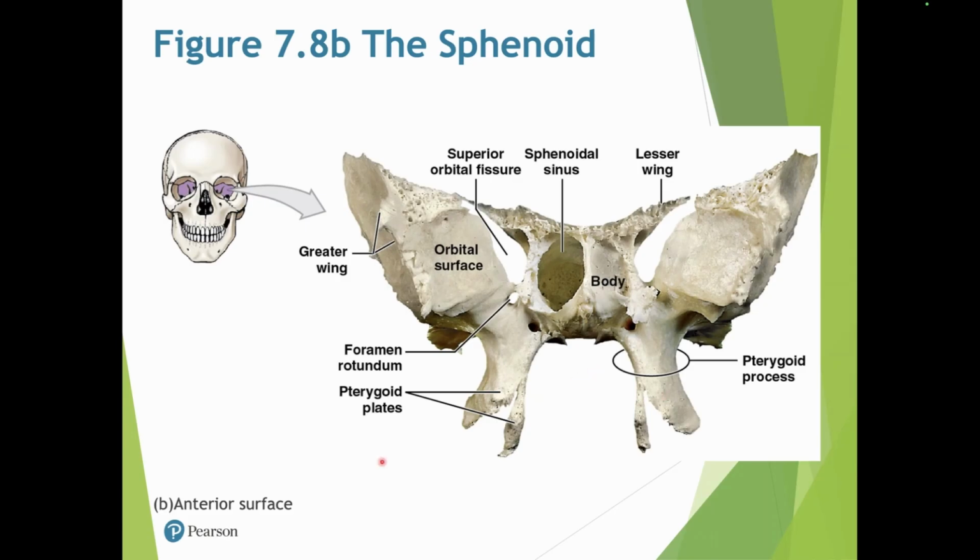Okay, so now we're looking at the anterior surface. So with the skull, if we're peeking into those eye sockets, this is how we see the sphenoid bone. As you can see here, we've got the body of the sphenoid. We have our pterygoid process right here. And at the end of the pterygoid process, you have your pterygoid plates. Okay. You can see your foramen rotundum a little bit better.